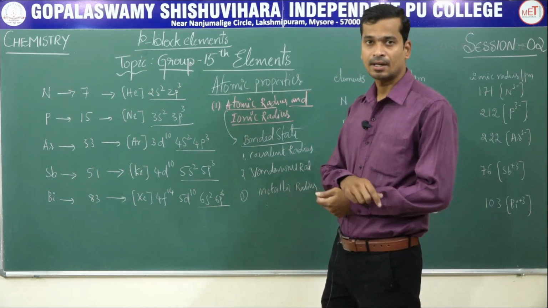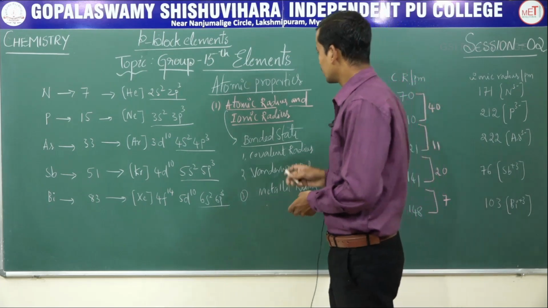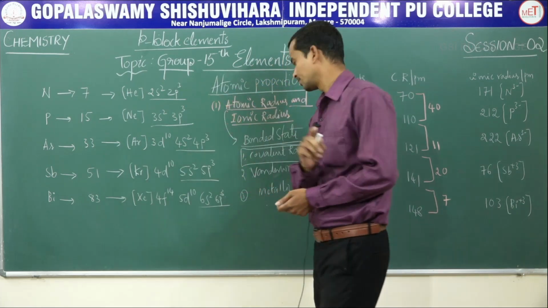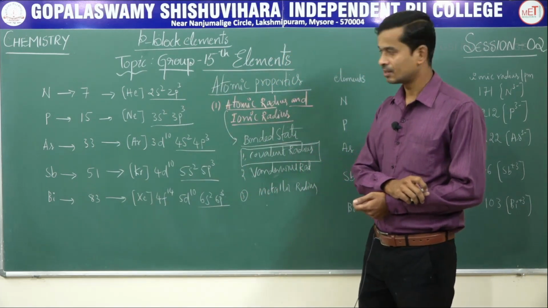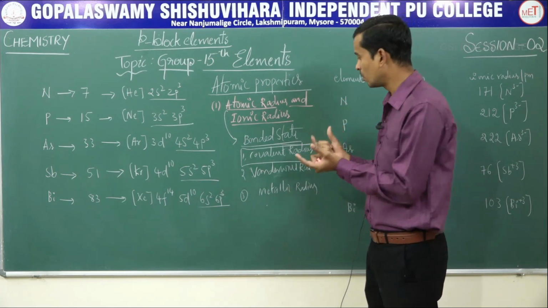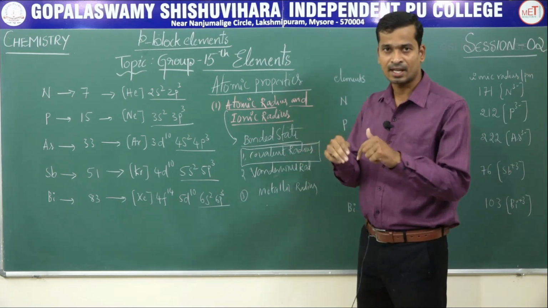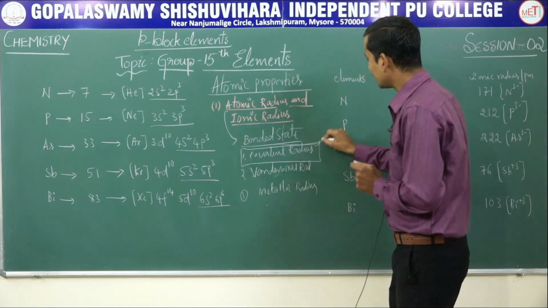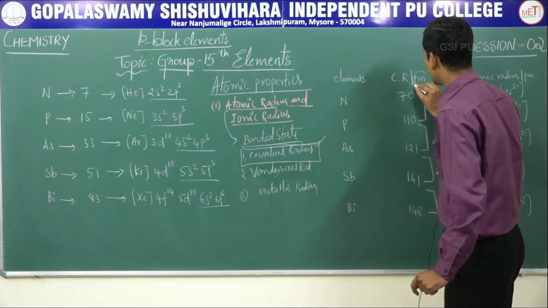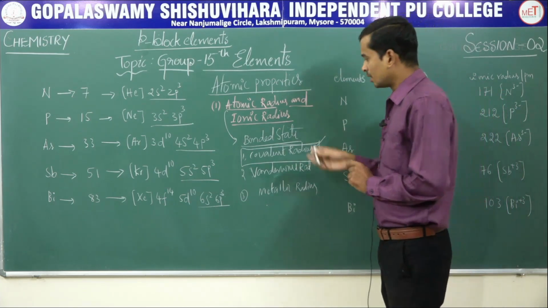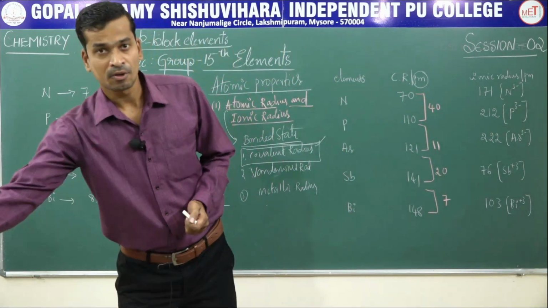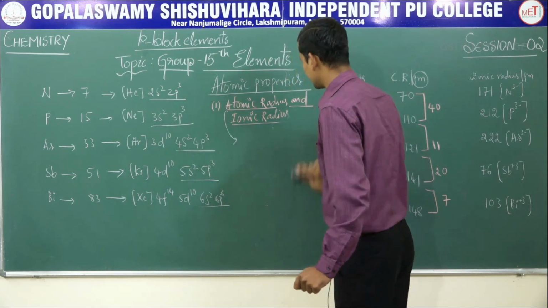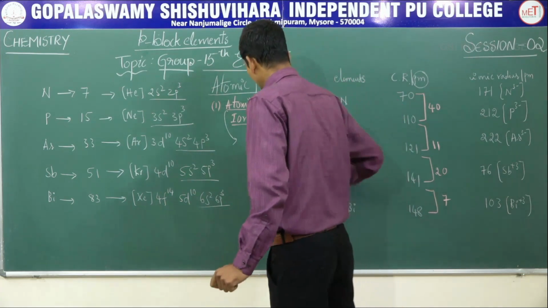and an ionic radius. Suppose the atomic radius is considered as a covalent radius, it is in terms of bonded atoms. Suppose it's a covalent bond, then there is sharing of electrons, clear? The atomic radius considered as a covalent radius is measured in picometers. You have already studied the concepts of covalent radius, metallic radius, van der Waals radius and ionic radius in your first PUC.